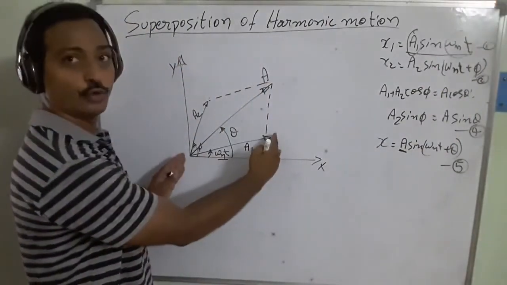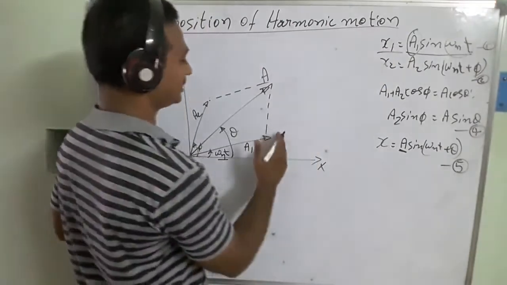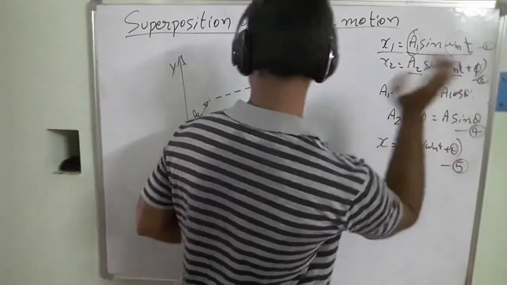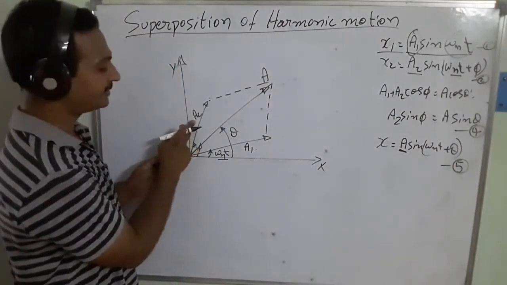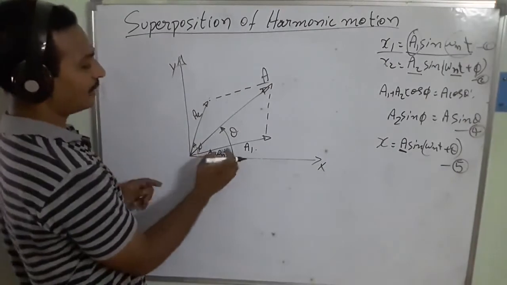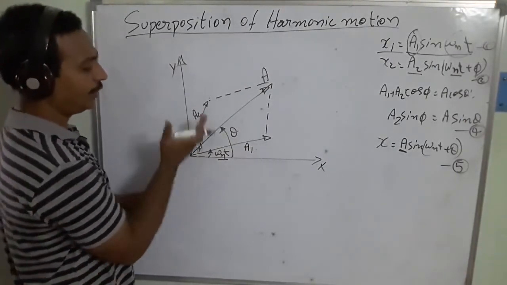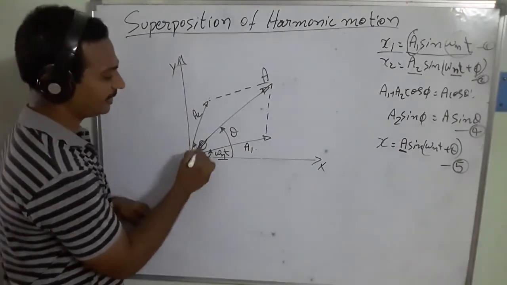This is the magnitude of the amplitude A1, that is the x1 displacement. Similarly for A2, we have a phase difference, omega n t plus φ. A2 is the amplitude of the vibrating system. From A1 to A2, the phase difference is going to be φ, as we mentioned here.